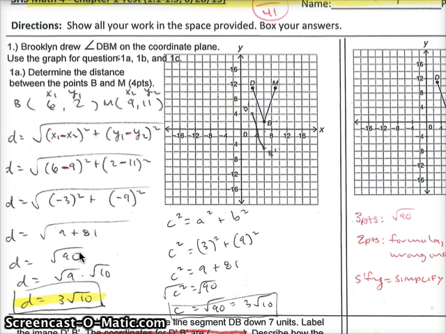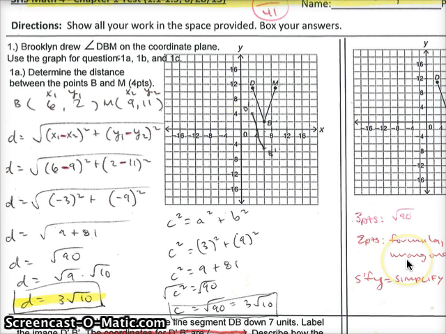They might have square root of 90, and they might also have 3 radical 10. Class, which one is the most accurate one? 3 radical 10. You can't leave it square root of 90. On this test, I gave you 2 points out of 4 if you had the formula, but your ordered pairs were incorrect or your substitution was incorrect.